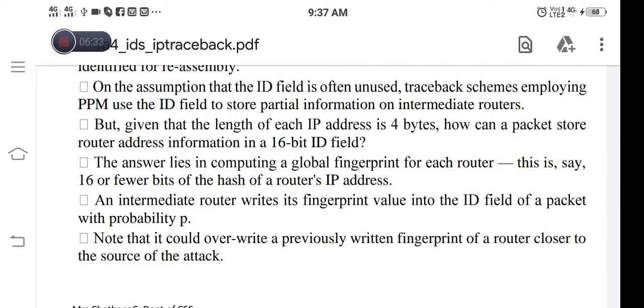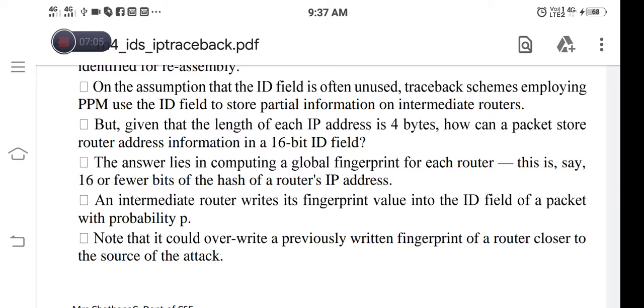Therefore, an intermediate router writes its fingerprint value into the ID field of a packet with probability P. Here it could overwrite a previously written fingerprint of a router closer to the source of the attack.